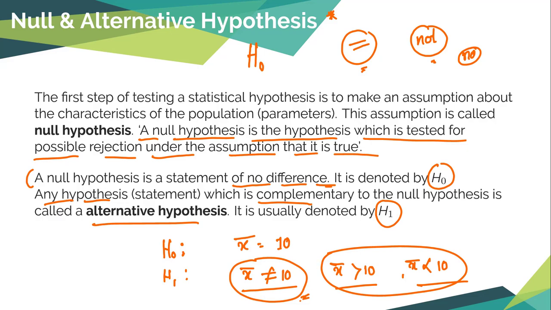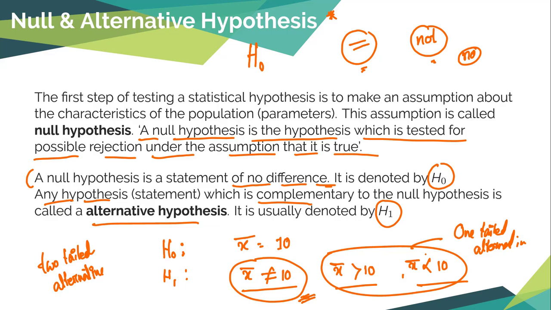This is called a two-tailed alternative, whereas these two are called one-tailed alternatives. Depending upon your alternative, the test also gets different names. A test of a two-tailed alternative is called a two-tailed test. A test of a one-tailed alternative is called a one-tailed test.